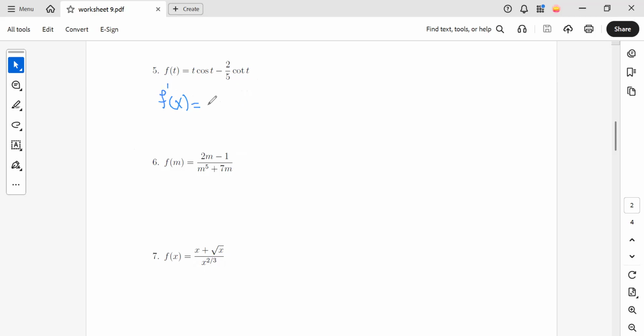It says copy the first one, derivative of the second one, which is negative sine of t, plus copy the second one, and derivative of the first one, which is 1, minus, we would write 2 over 5 as the coefficient, and we know that the derivative of cotan is cosecant squared of t.